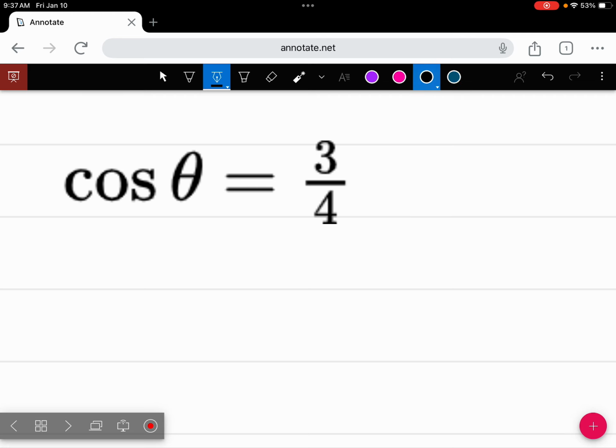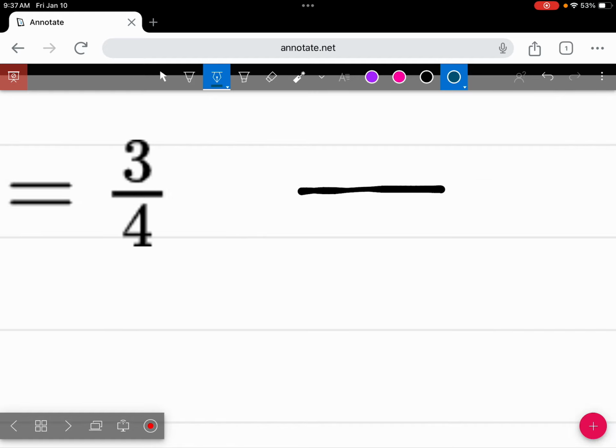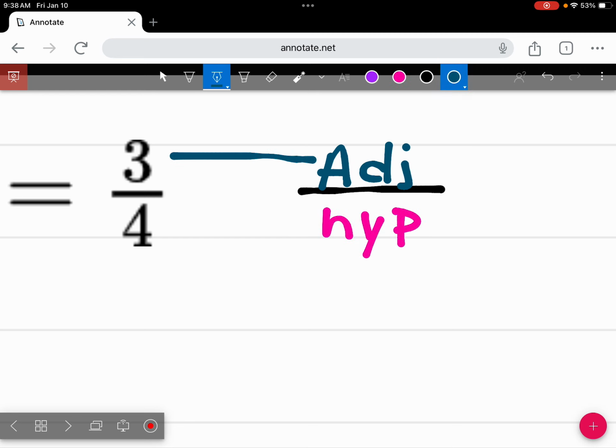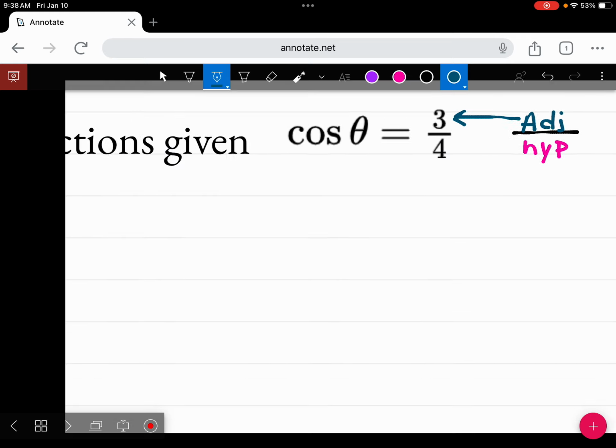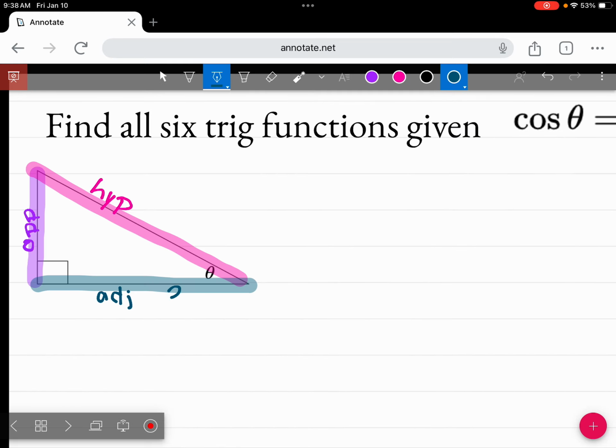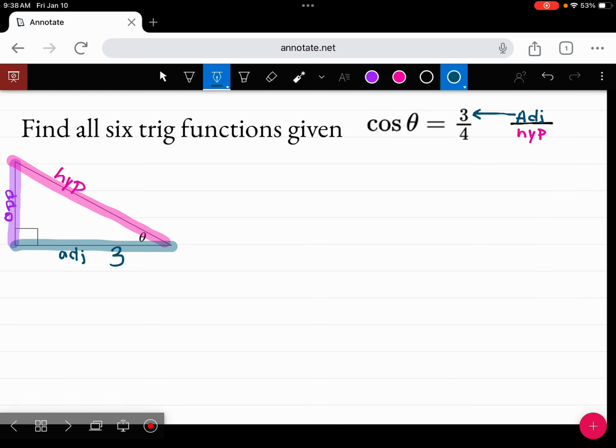So cosine is made up of which 2 pieces of the triangle? Cos, so CAH, C-A-H. Adjacent over hypotenuse. So what that tells me is that my adjacent has a length of 3. So this guy's 3. My hypotenuse has a length of 4. How can I figure out that other side of this right triangle?